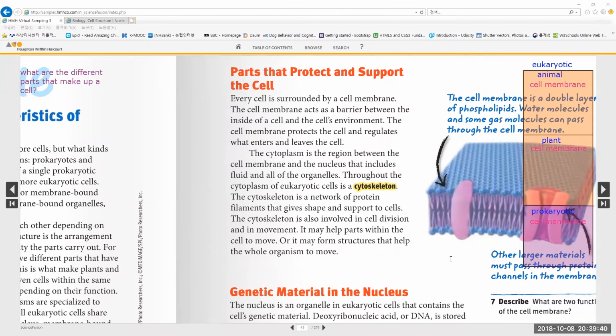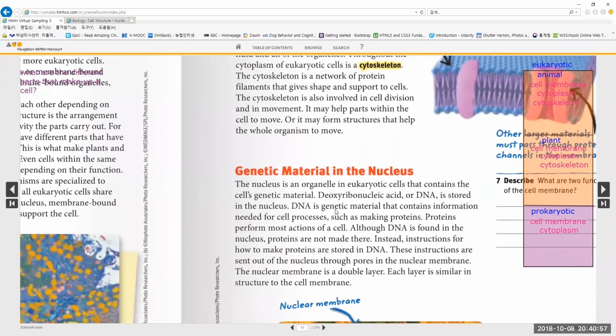The cytoplasm is a region between the cell membrane and nucleus that includes fluid and all of the organelles. The cytoplasm of eukaryotic cells contains the cytoskeleton. So all of these have cytoplasm, but only the eukaryotic cells have a cytoskeleton. So we'll see the next one.